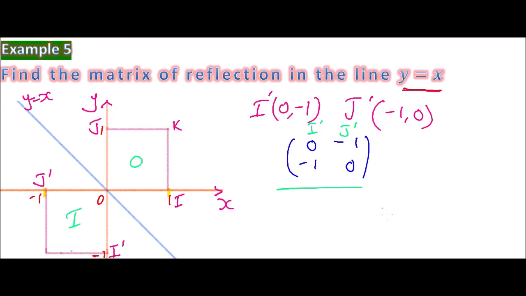So the matrix representing the reflection in the line y equals x is this matrix, which is 0, minus 1, minus 1, 0. So that brings us to the end of our lesson.